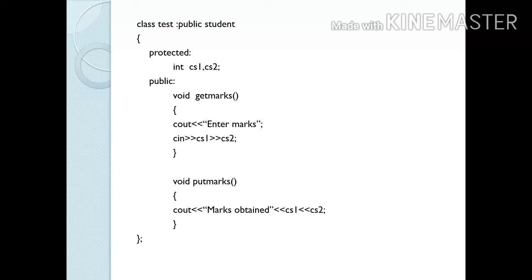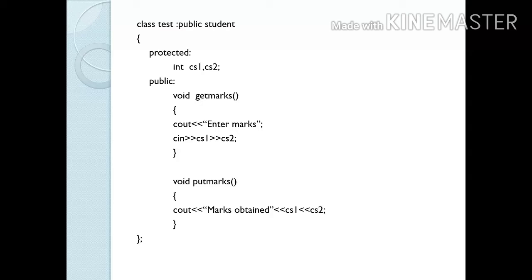Now my test class is a child of class student. In test class, I am entering and displaying marks of CS1 and CS2. In the get marks function, I am entering marks, and in the put marks function I am displaying those marks.